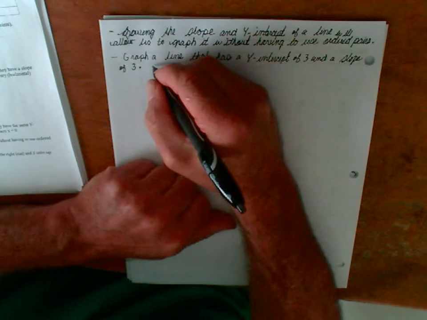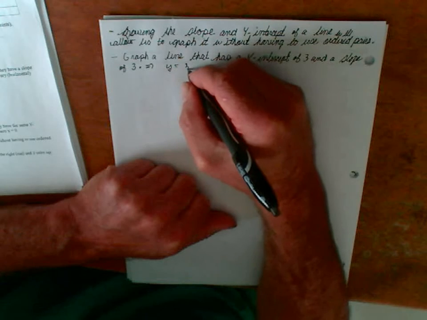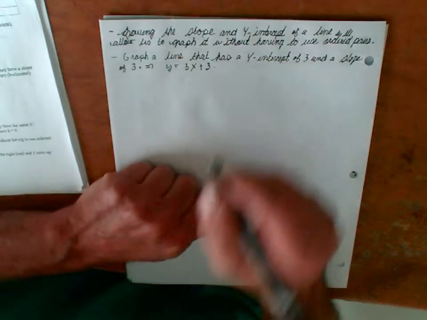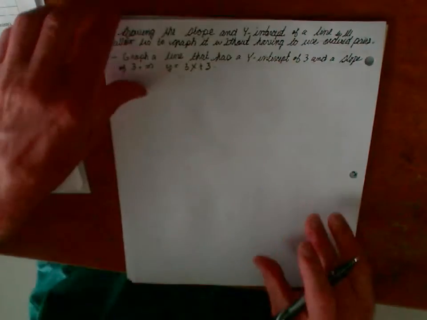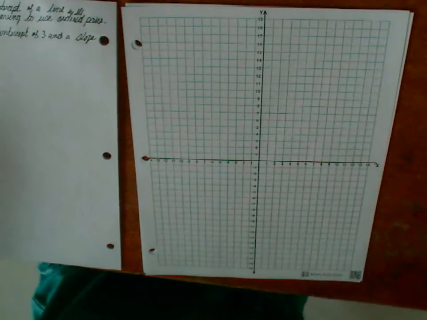So this relation is going to look like this: y equals 3x plus 3. I'm going to show you how to do that now on our graph paper.